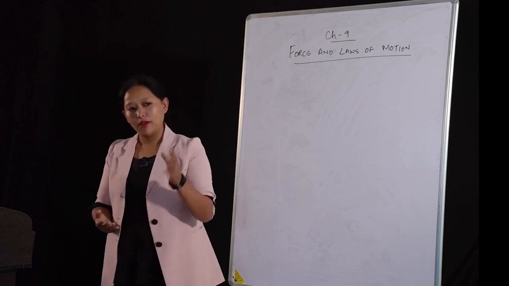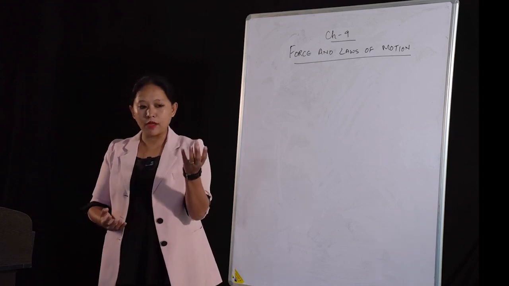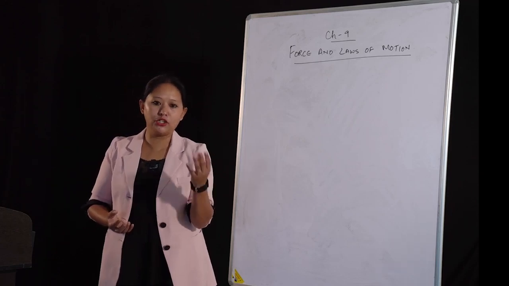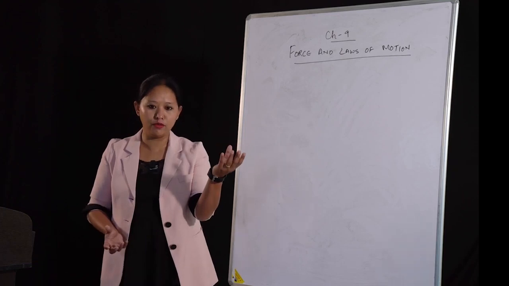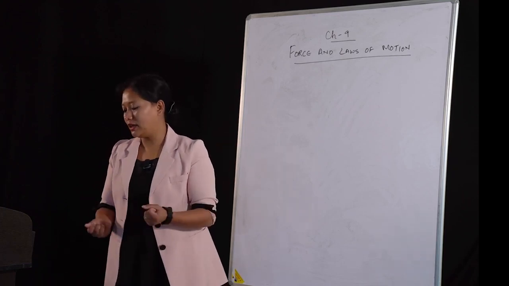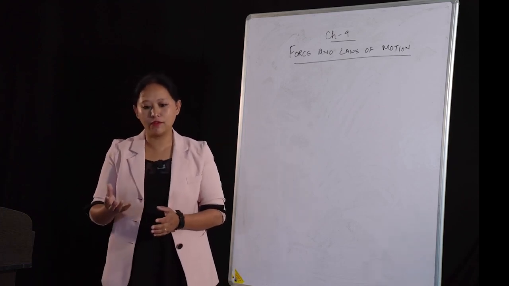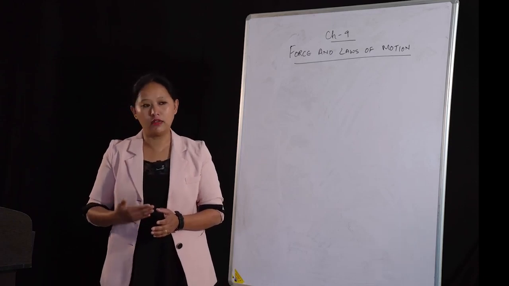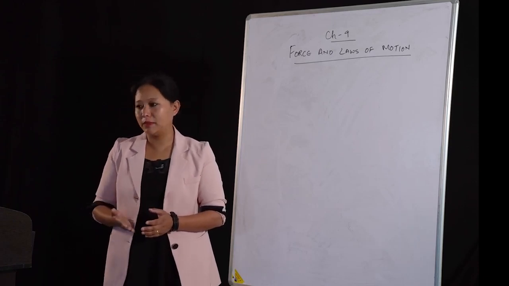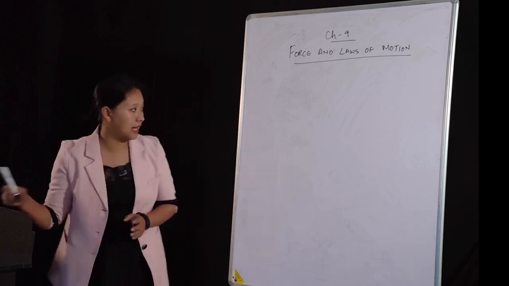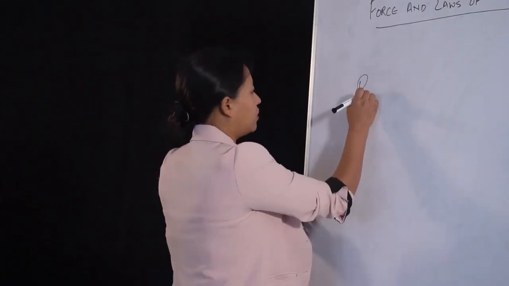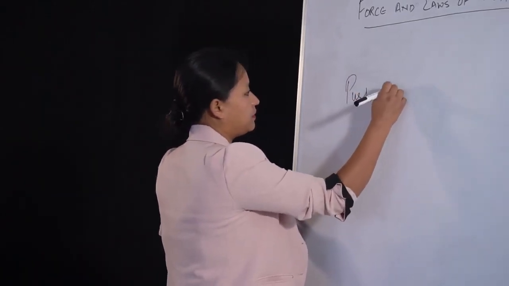And again, because of force, the shape and size of an object can change, like the rubber ball I gave as an example. And not only that, by hitting a ball, because of the force, the ball starts moving.